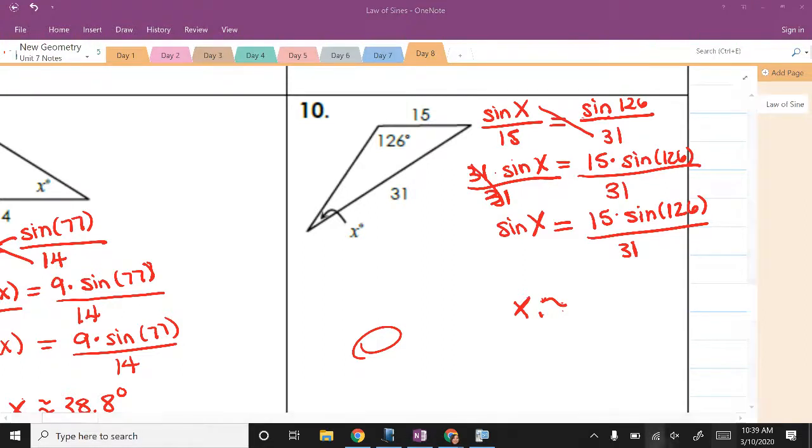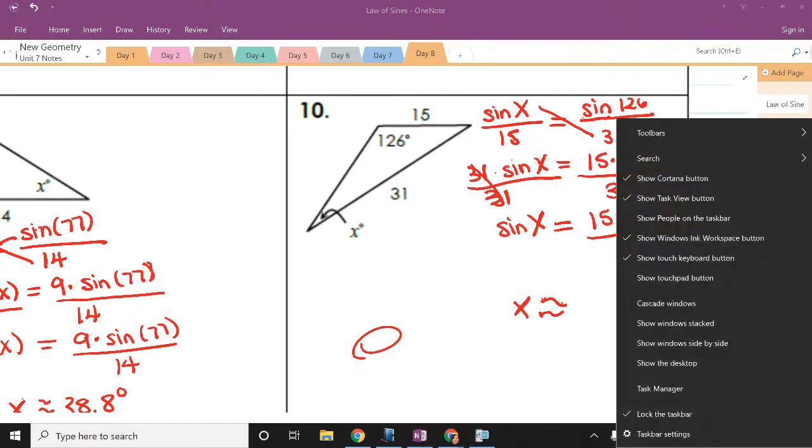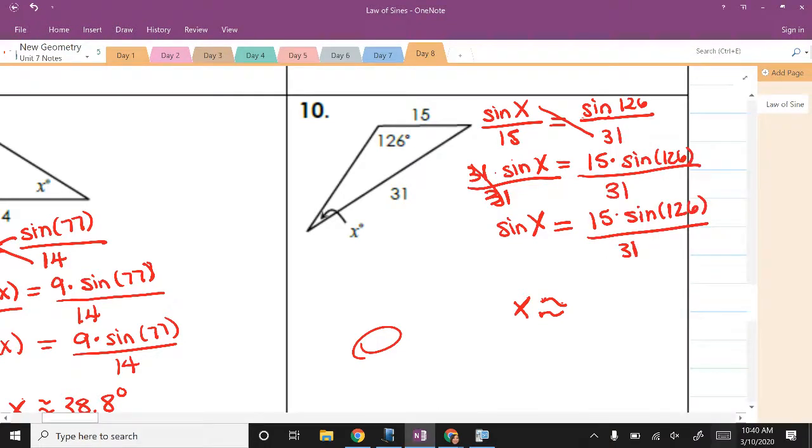I cannot. Y'all write the answer. Pretend it's there. X is approximately, what do we say, 23.0 degrees? Sorry, people trying to watch this. Oh, come on. I want to write it so bad. I can't do it. My pen. Come on.